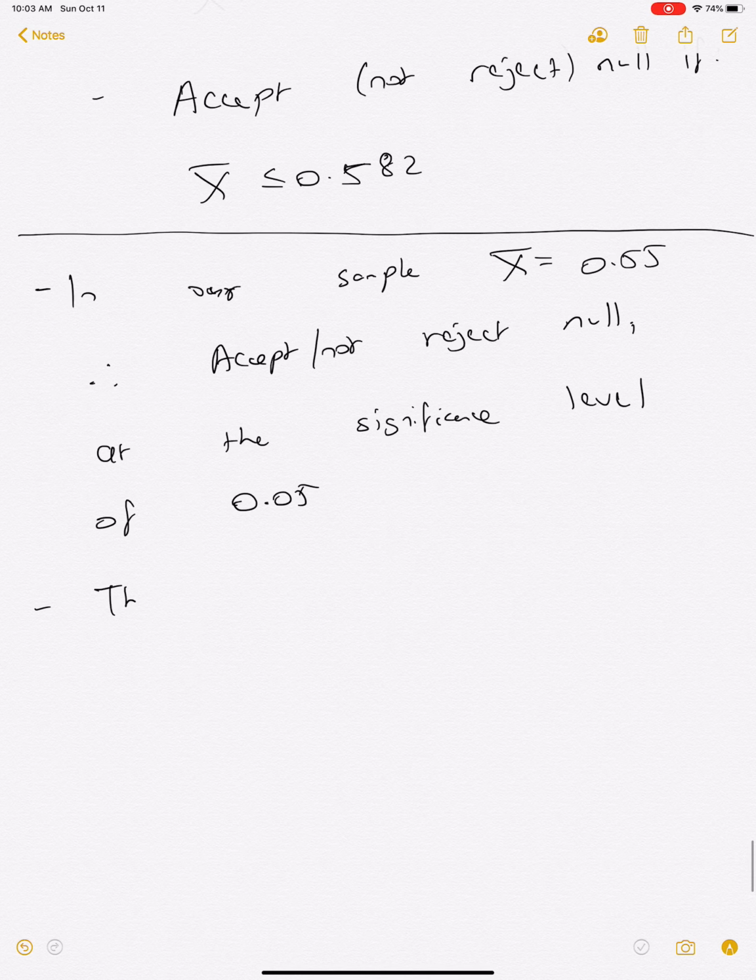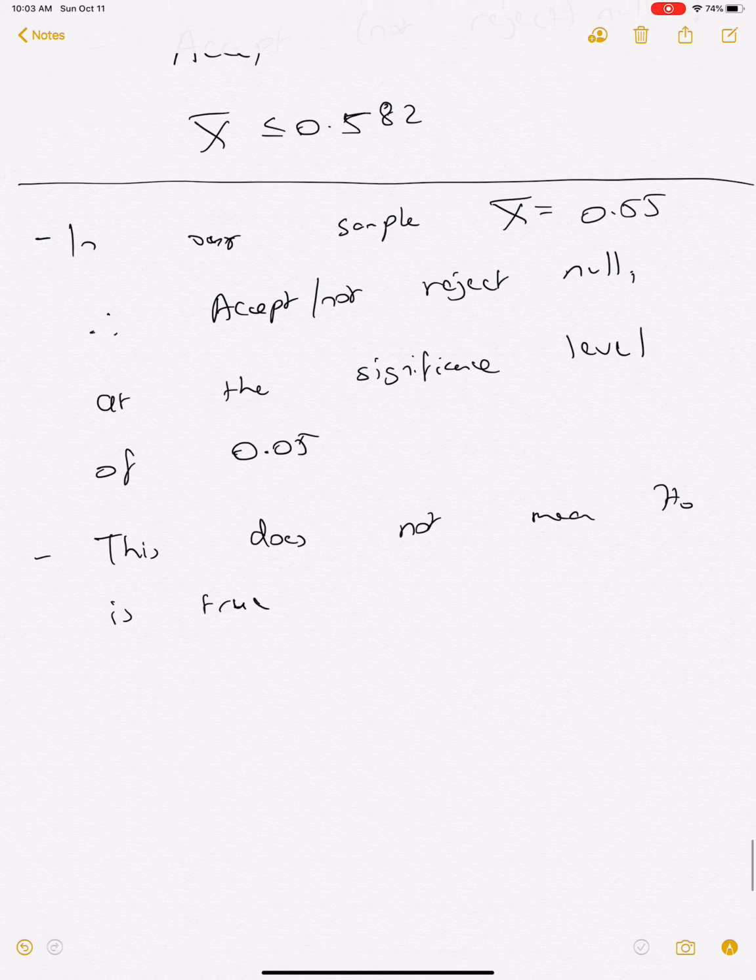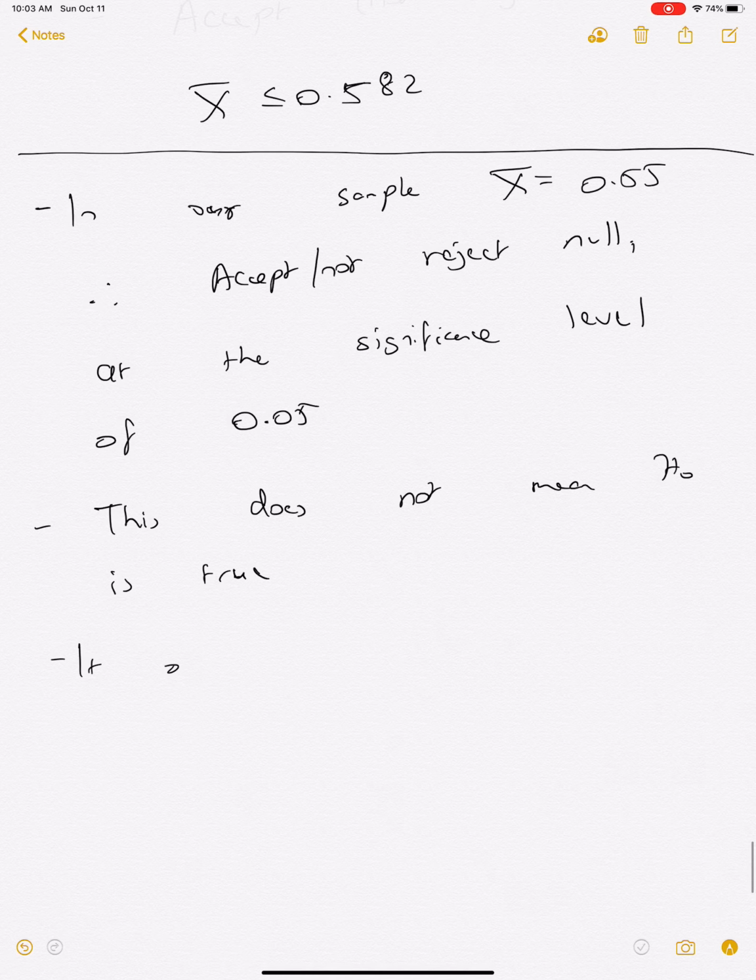So I just want to say this again. This does not mean H naught is true. It only means we did not have enough evidence to reject H naught.